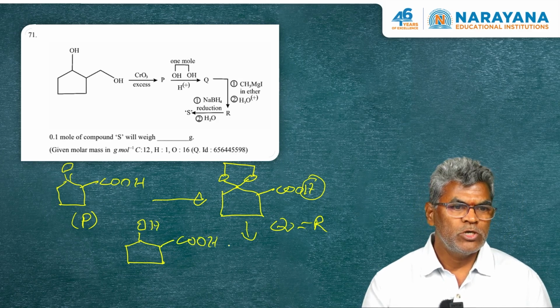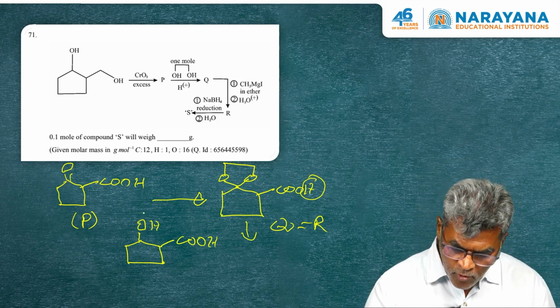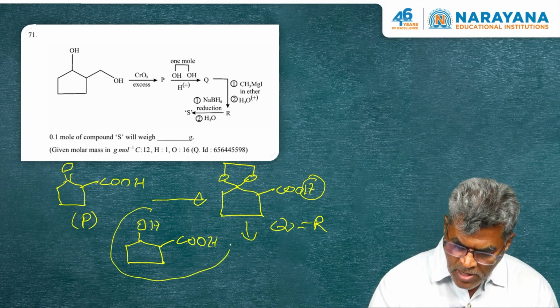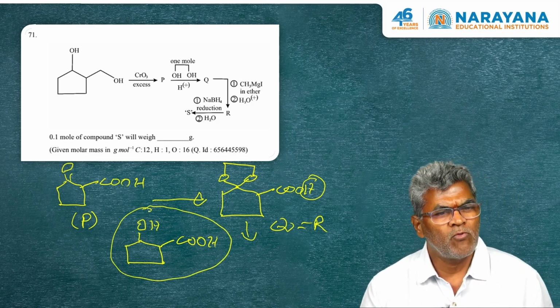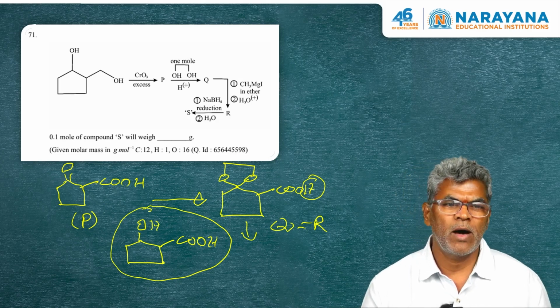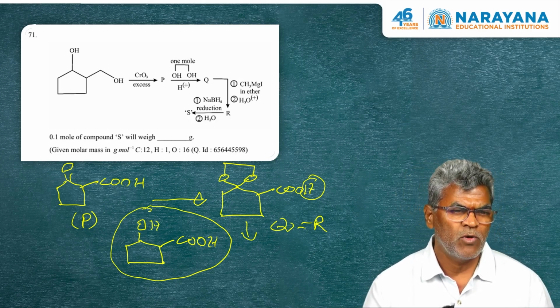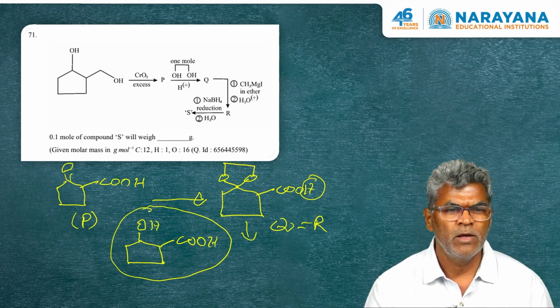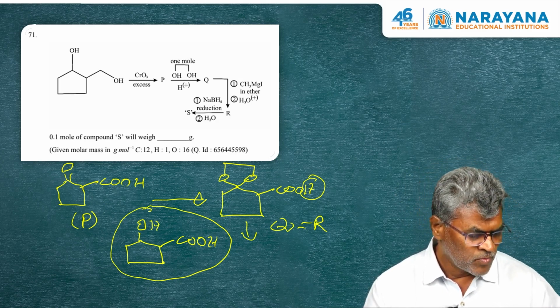Now, 0.1 mole, if you calculate the molecular weight of this compound into 0.1, you are going to get the answer, molecular weight 130 you will get it, 130 into 0.1, 13 grams is the answer, 13 grams, right.